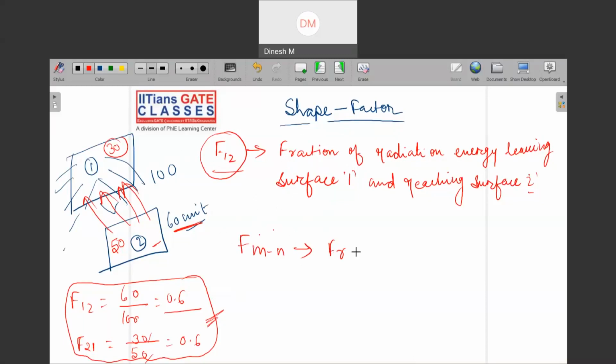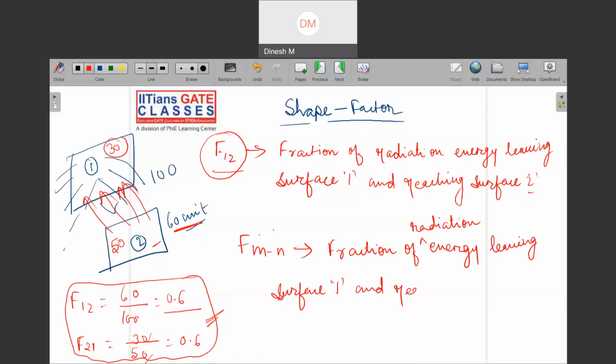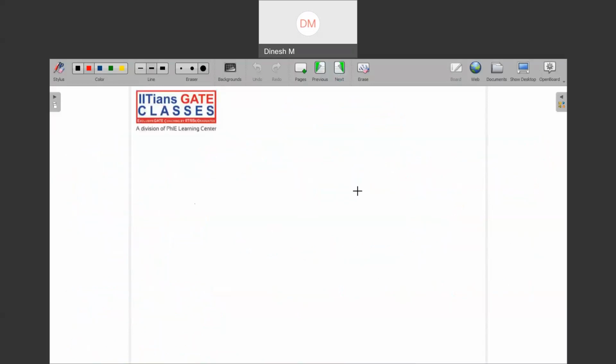That fraction of radiation energy leaving surface 1 and reaching surface 2.